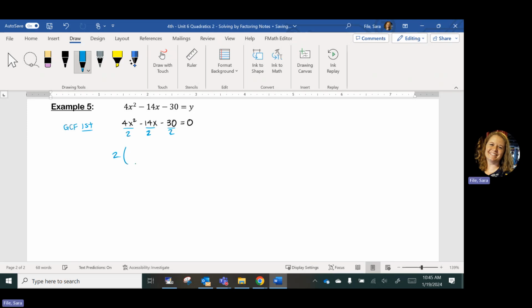So what's that going to leave me with when I take out that 2? That'll be 2x squared minus 7x minus 15, all still equal to 0. Now, I don't actually have to worry about that 2.